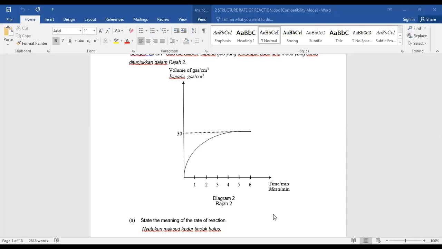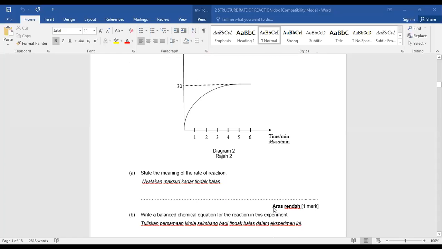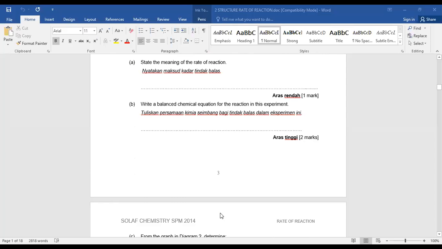I've already told you last week, it is the change of physical quantity of reactant or product per unit of time. Remember to put per unit of time. Now continue. Writing the balanced chemical equation, again repeated, so I won't repeat it.